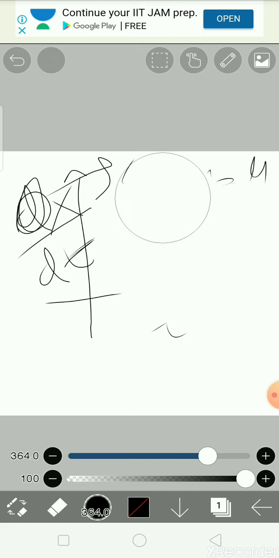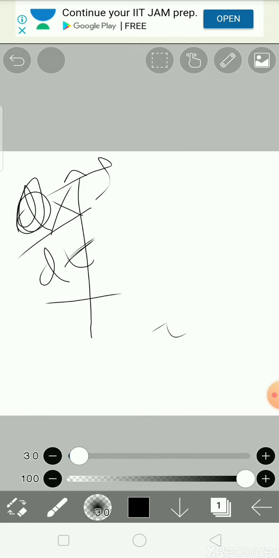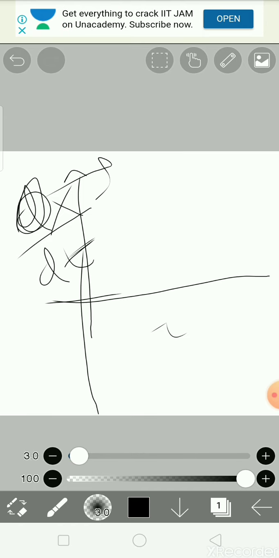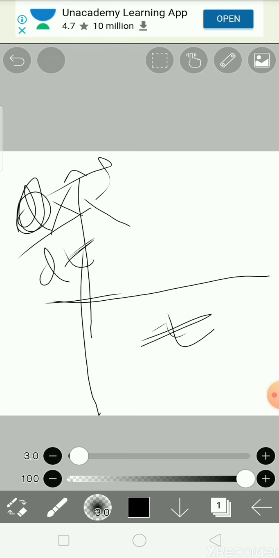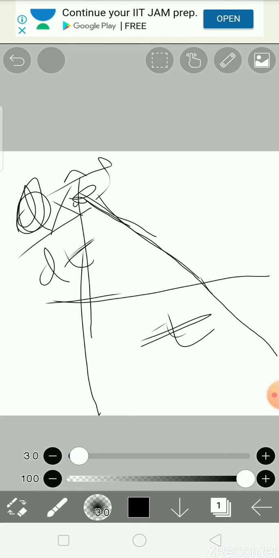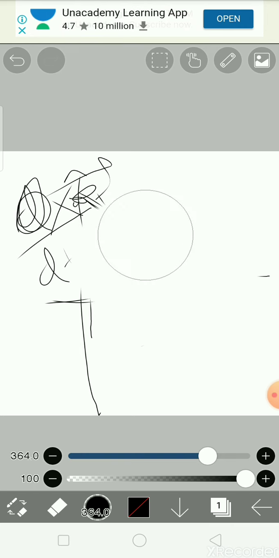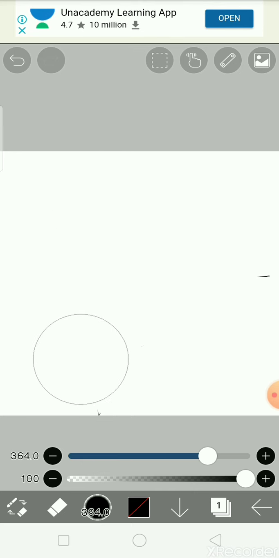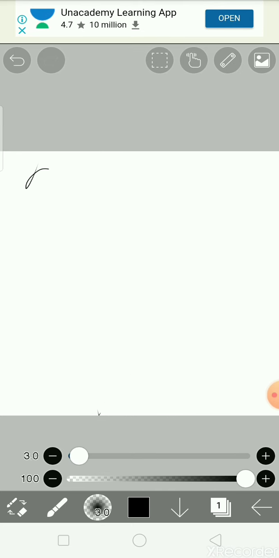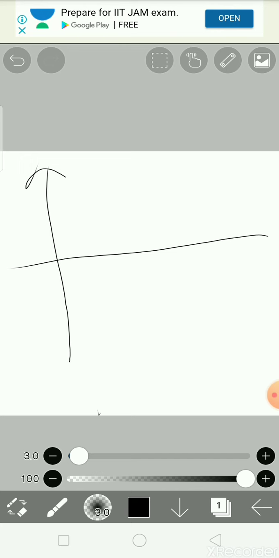If we draw a graph of dx by dt with respect to t, first it's positive, it's decreasing, becomes 0, and becomes negative. So it would be a straight line decreasing. It's a decreasing function.